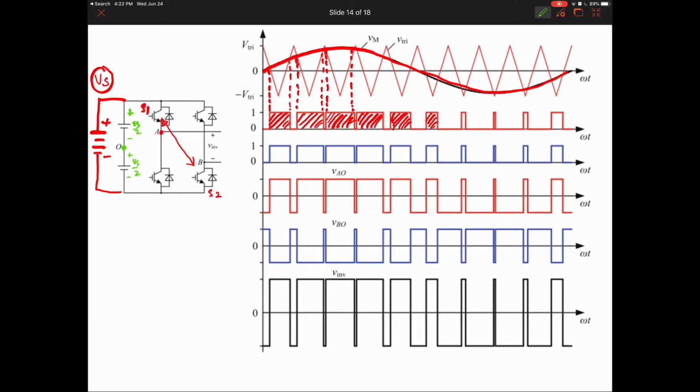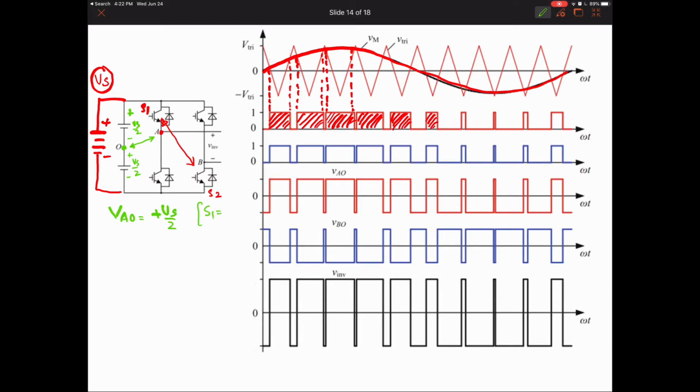So what will be the voltage between point A and this fictitious point O, the center point of the source? Definitely it will be half of your supply voltage. So VAO will be equal to plus Vs by 2 when switch S1 is turned on.